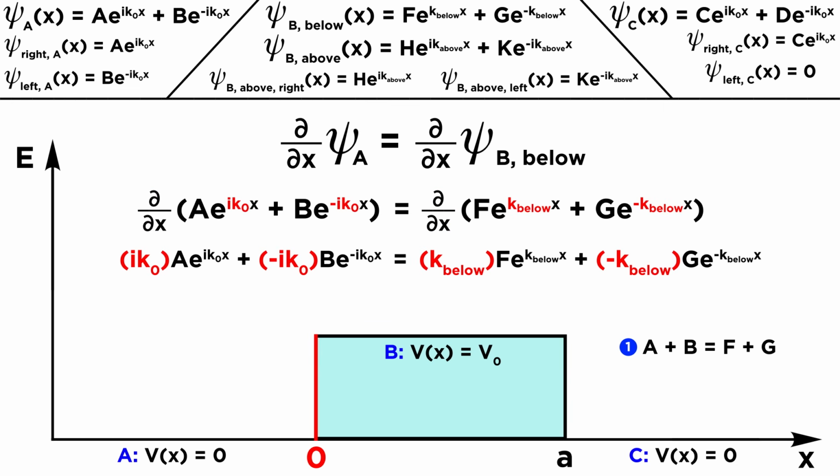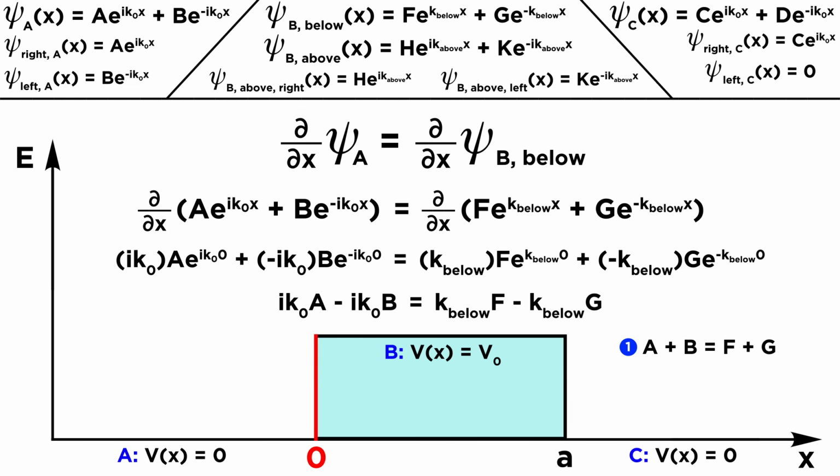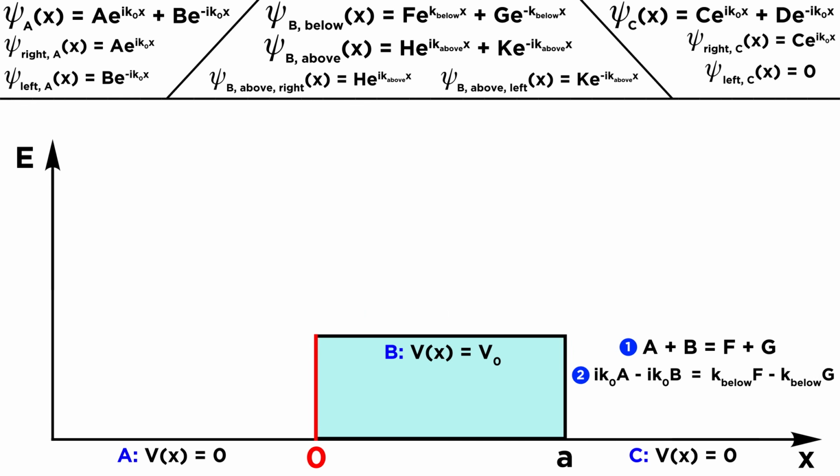We just pull whatever coefficients are in front of the x in the exponential terms out in front of each term, which leaves us with this expression. Again, we can plug in 0 anywhere we see x, which makes all the e terms go away, leaving us with ik0 a minus ik0 b equals k below f minus k below g. And we can label this equation 2.